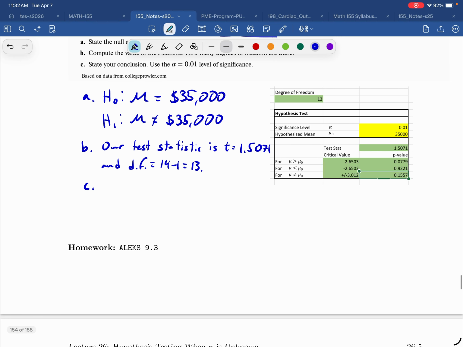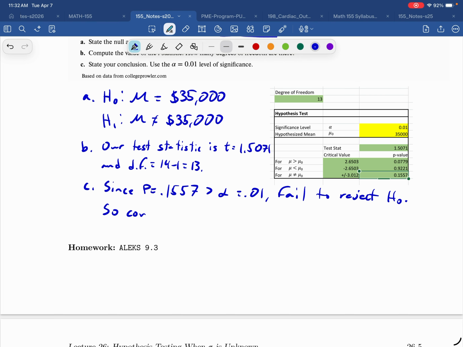Now here we get that our p-value equals 0.1557, which is most definitely greater than alpha equals 0.01, so we fail to reject the null hypothesis.